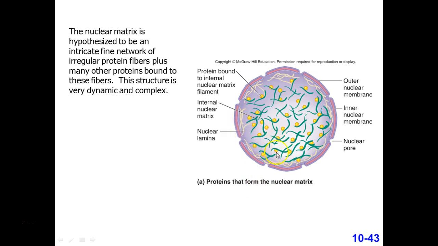So where do they have it labeled? Yep, nuclear lamina. So those proteins make up the lamina on the outside. And then the green proteins are the internal matrix, all the stuff on the inside.